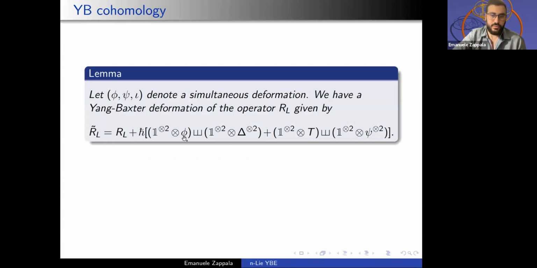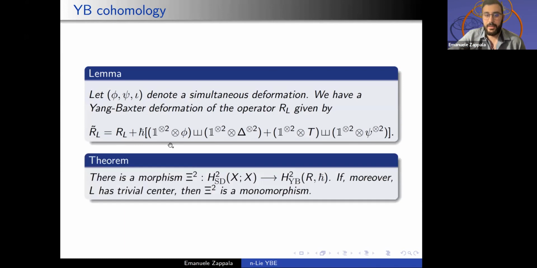And this is almost the end, but basically you can construct Yang-Baxter operators from the deformed structures through the cohomology of self-distributive structures, and you get deformations of Yang-Baxter operators. You effectively get a map from self-distributive cohomology into Yang-Baxter cohomology. And this is very useful because in the case that you have trivial center for L, this is isomorphic to the Lie algebra cohomology, and you get a monomorphism into the Yang-Baxter cohomology.